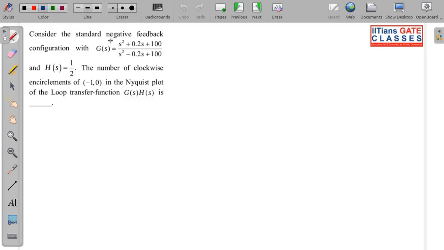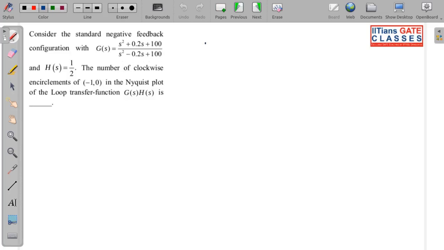So you can see, consider the standard negative feedback configuration with GS is equal to this and HS is equal to half. The number of clockwise encirclement of -1 0 in the Nyquist plot of open loop transfer function is. So even this question we can solve with the help of Routh-Hurwitz condition. So you can see over here that basically how many number of poles of this OLTF.